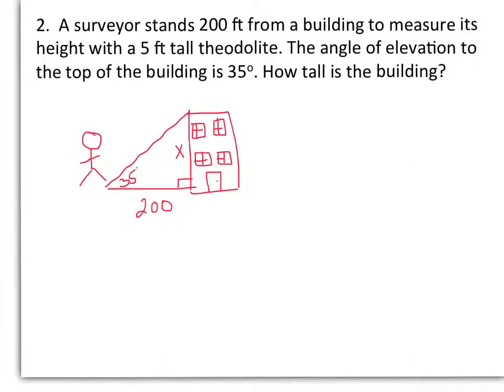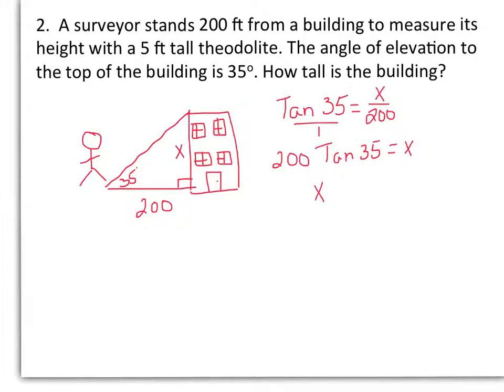Okay, so in relationship to our angle 35 degrees, x is opposite. 200 feet is adjacent. So this would be the tangent. So tan of 35 equals opposite over adjacent. And take the cross product. So 200 tan of 35 equals x. Plug that into the calculator so that x is 140 feet.